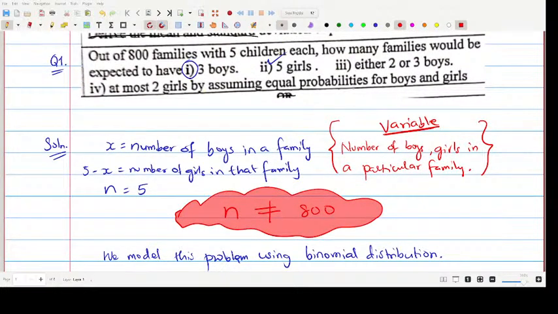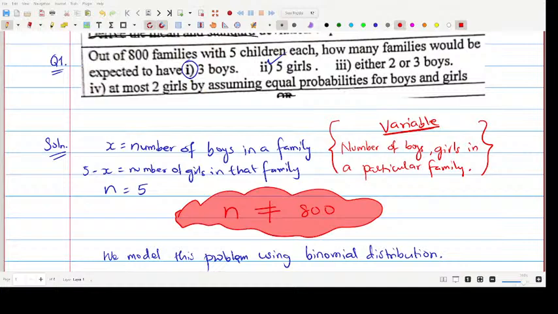There are 5 children in total. That is a pretty small number. It's a manageable finite number. And there are two possibilities. It can be a boy, or it is not a boy. Either it is a boy or it is not a boy, right? Or equivalently it is a girl or it is not a girl, correct? So since there are two possibilities, it is a binomial distribution, right?